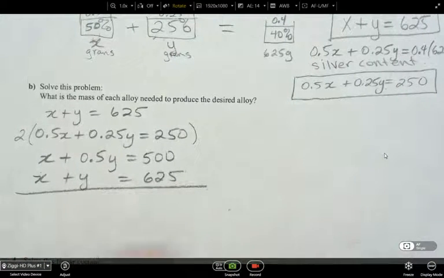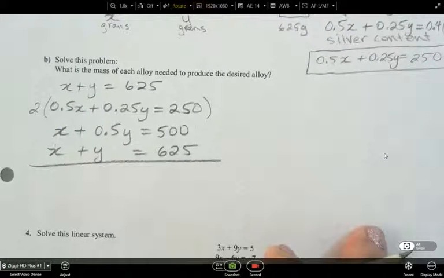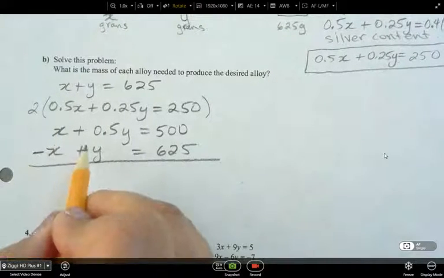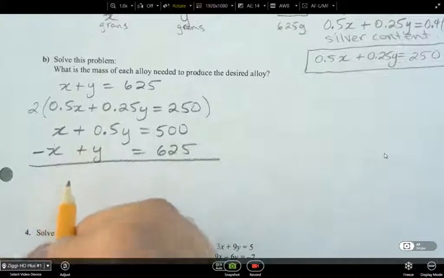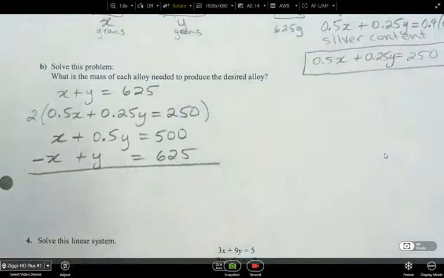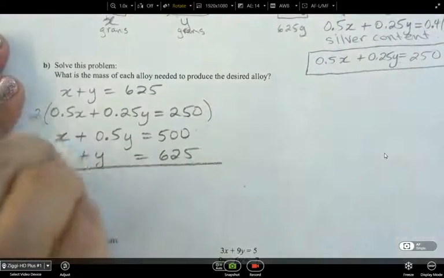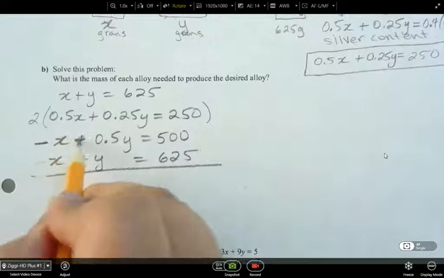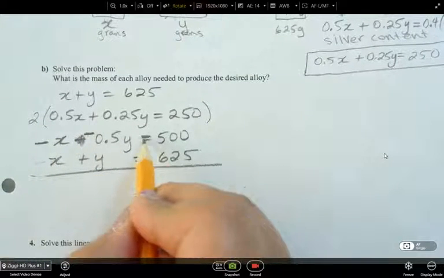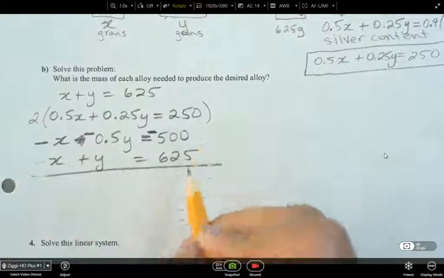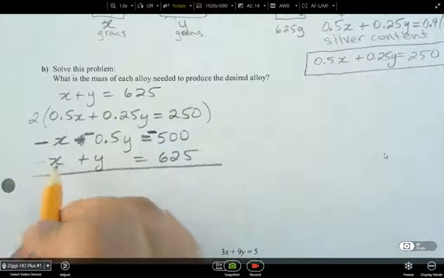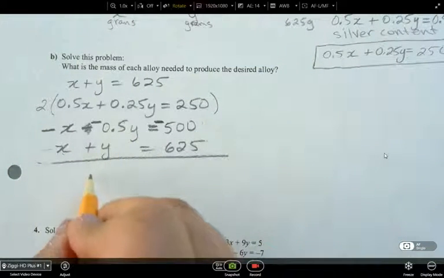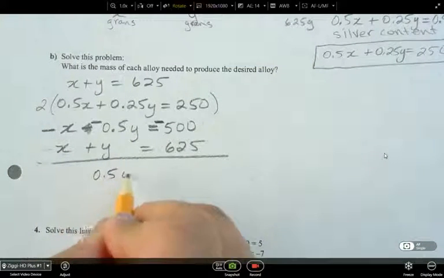Am I going to add them or subtract them? Subtract. So let's change the signs of, which one do you want to change the sign of? Let's change the sign of the top one. Okay, so we'll change this to a minus, and this will be minus. So my x's are eliminated, right? And then what do I end up for my y's? 0.5y.